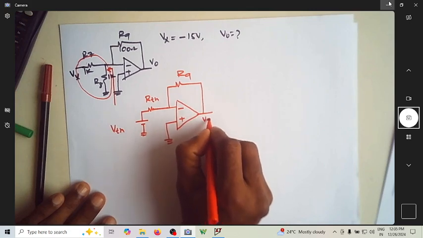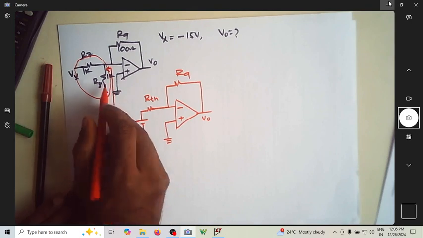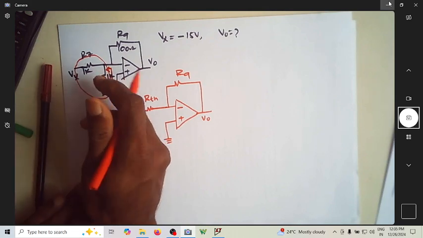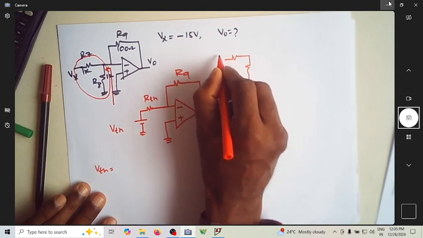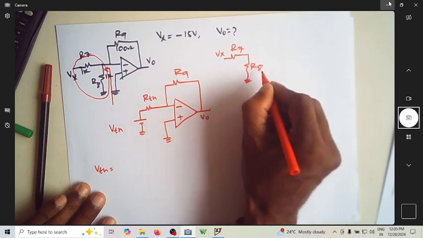So this remaining part remains as it is. I want to find what is V naught. So what is V Thevenin now? V Thevenin is nothing but the voltage across R8. Because let me isolate this. This was my Vx. So this was R7. This was R8. Let me ground this.